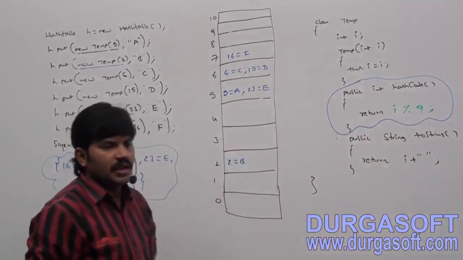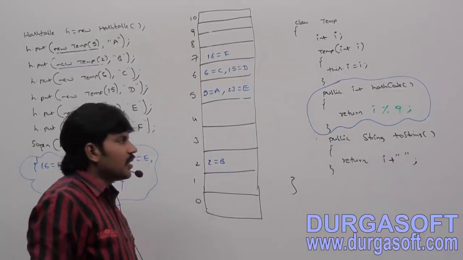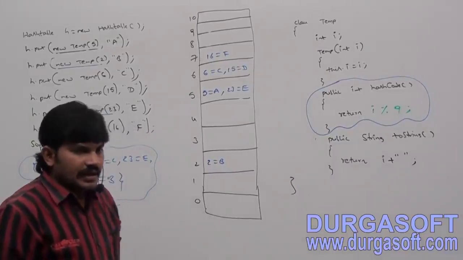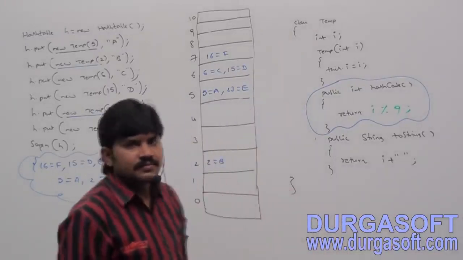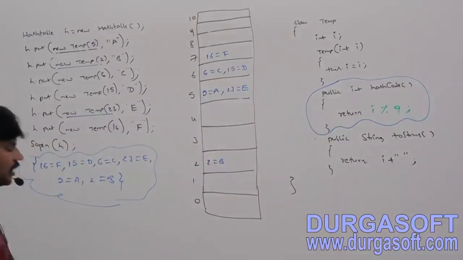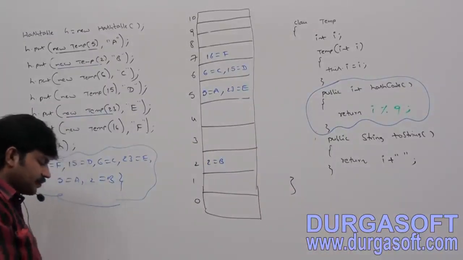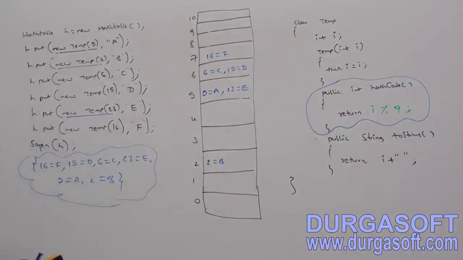Public int hashCode, return I percentage 9. Are you getting it? Public int hashCode, return.